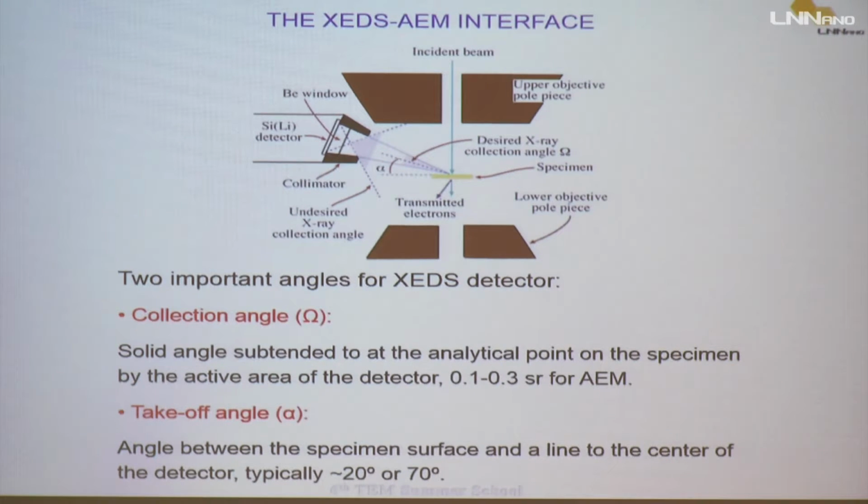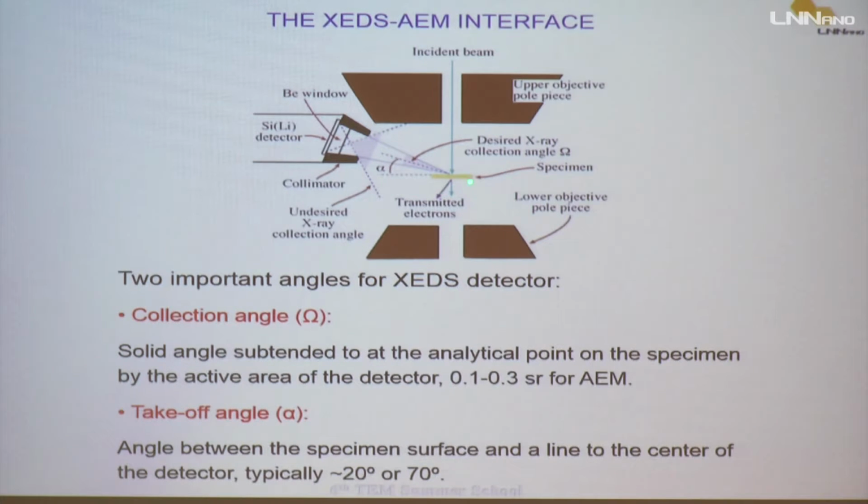And then this idea to tilt the sample to get more signal is not useful anymore. And I guess for this machine, it's 0.9 steradians. That's really a lot of signal being collected. Another important parameter is the takeoff angle.